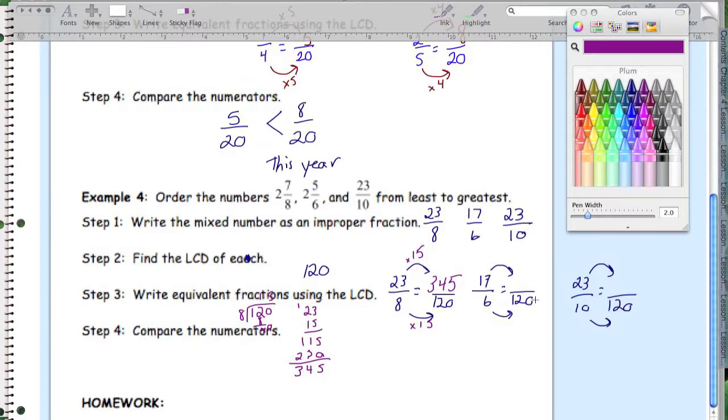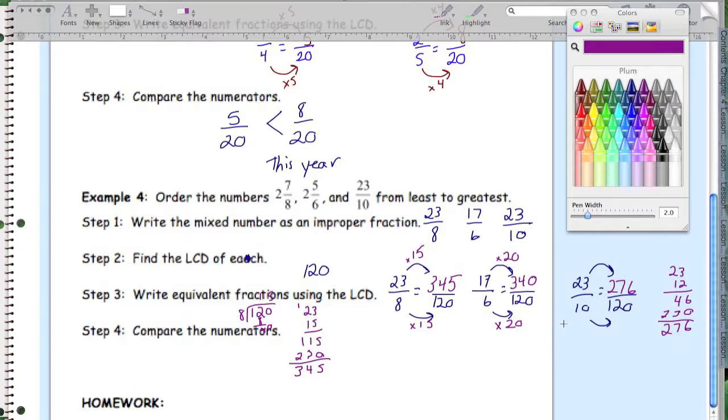Now on this one, 6 is being multiplied by 20, so I'm going to do 17 times 20, and I'm going to get 340. And then the last one, 10 is being multiplied by 12, so I'm going to do 23 times 12. And again, a little bit of scratch work. Make sure you write neatly so that you don't mess up. 276.